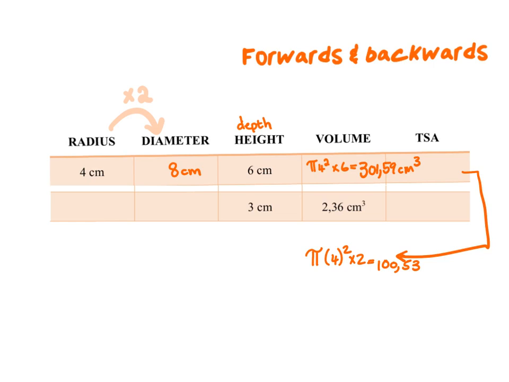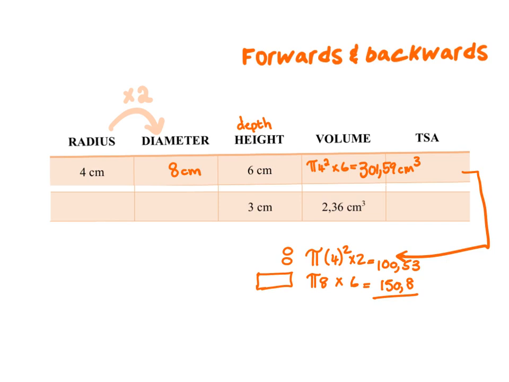Normally we round off to around about 2 decimal places, but it really depends on the context. So the second part of this, we've already done the two circles here, that's why I multiplied by 2. We now need to do the rectangle that wraps around the circle, and hopefully you remember that that is pi times diameter, so pi times 8, times the depth of 6, and if I do that, I get 48 pi, and as a decimal that is 150.8.